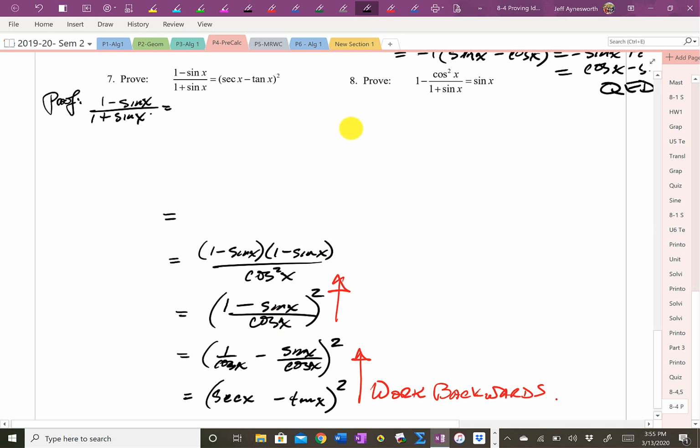Now, working backwards again, you got to multiply out. So let's multiply. So 1 minus sine of x minus sine of x, just use distributive property, plus sine squared of x, all divided by cosine squared of x. So what's happening here?